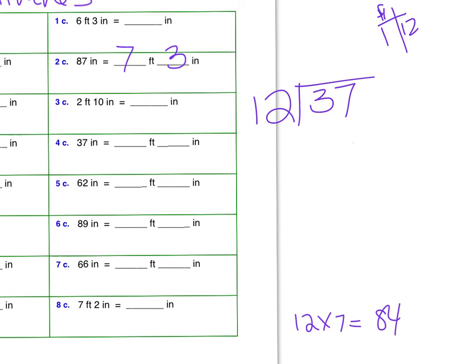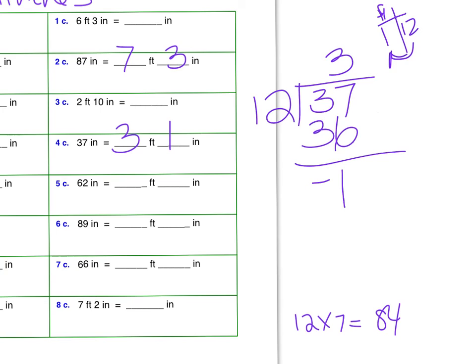I'm going from inches back into feet, so I'm dividing by 12. So 12 into 37, closest I can do is 12 times 3 is 36. So that gave me 3 full feet. And you can see that I had 1 inch left over.